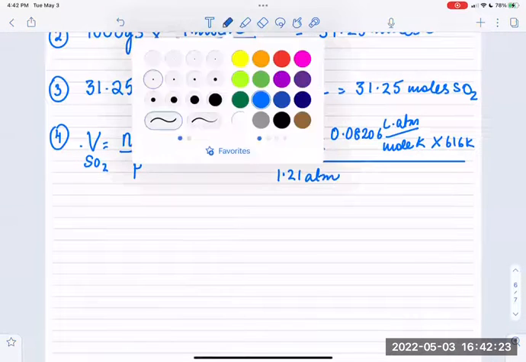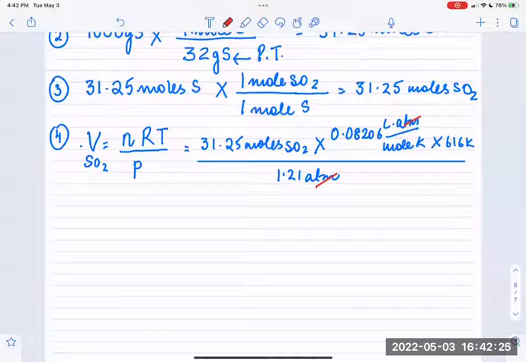So here we see that atm and atm cancel out, moles and moles cancel out, K and K cancel out, and you're just left with the volume, liters.